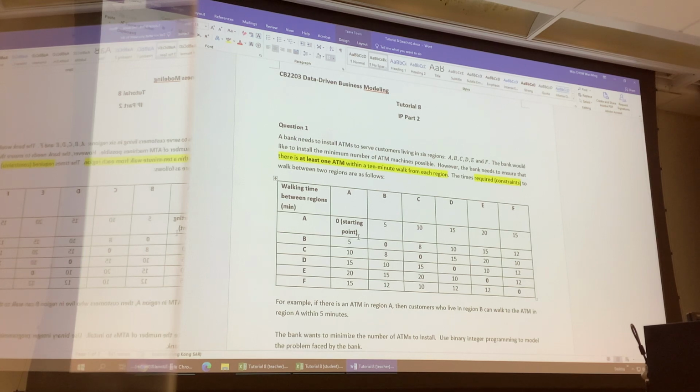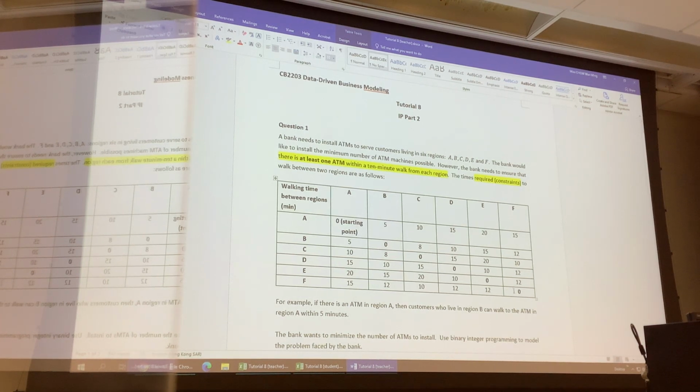So the 0 means that is the starting point, that you are in region A. So you have to match the horizontal one and the vertical one, that is also the same region, region A. As you can see for this one, that is the starting point of region B, so that is matching to B also.